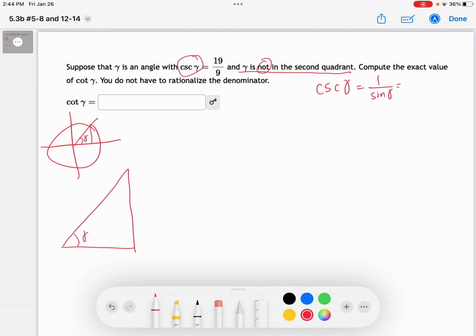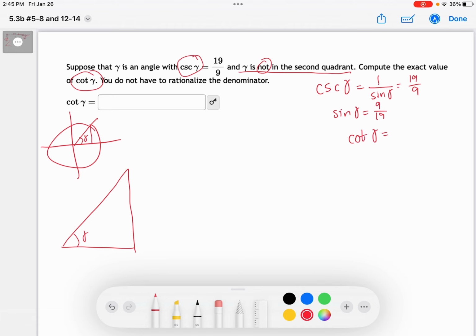So 1 over sine is 19/9. That tells me that sine of gamma is 1 over 19/9, or just the reciprocal. Great. Okay, so I know that sine of gamma is 9/19. What am I looking for? I'm looking for cotangent of gamma.